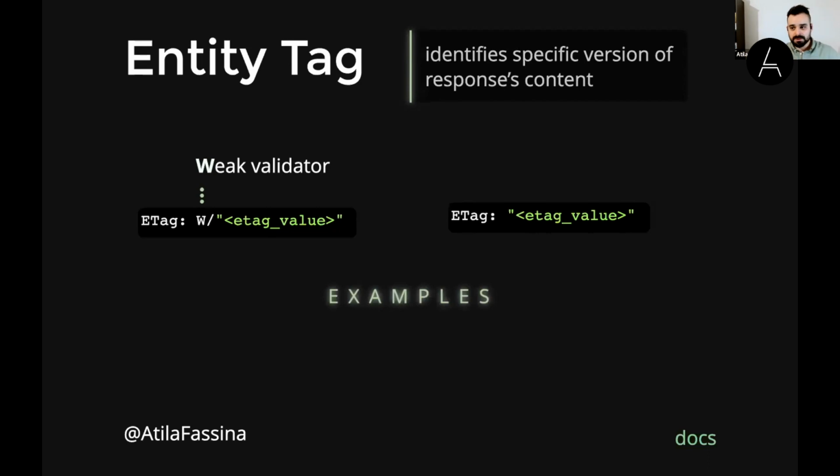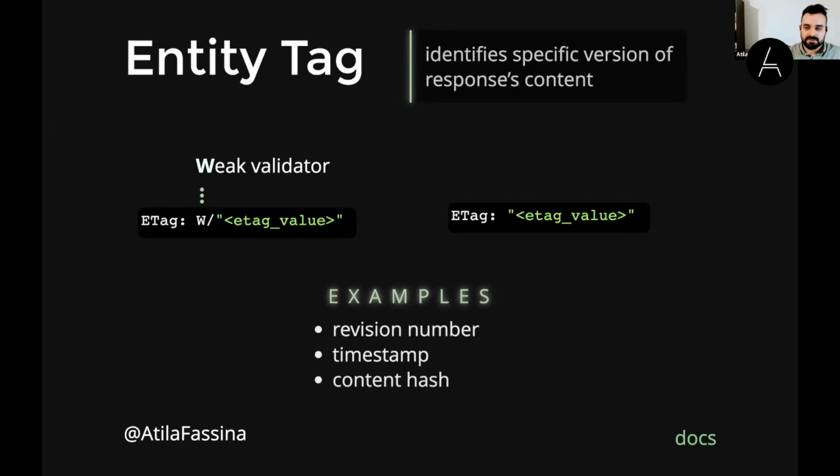So a few examples of what's usually used for creating the hash. You can have a revision number, a timestamp, or a content hash, like an MD5 content hash or something like this. Which one to use basically depends on the pattern of renewing your resource and how expensive it is to generate that hash.